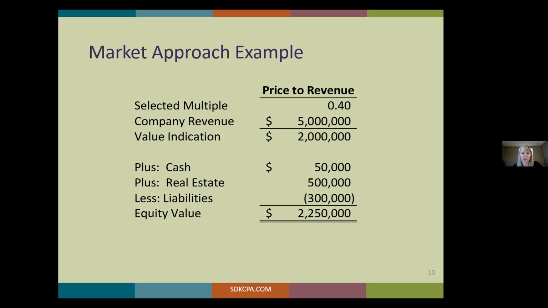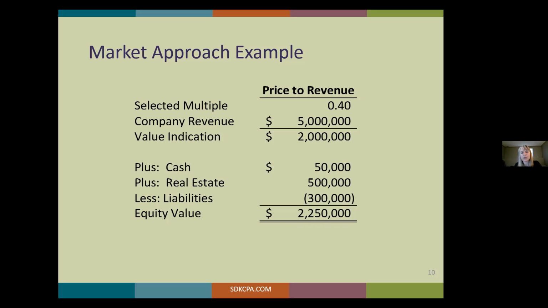And then we make a number of adjustments, because when we're basing it on the guideline transactions, it's important to note what assets and liabilities were transferred in those transactions, and then add back any additional assets that our company has that were not included in those transactions, such as in this example, we add back cash and real estate.